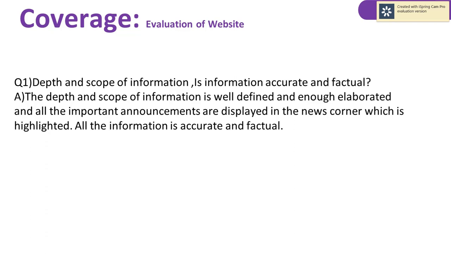The depth and scope of information is well defined and elaborated enough, and all important announcements are displayed in the news corner, which is highlighted. All the information is accurate and factual.